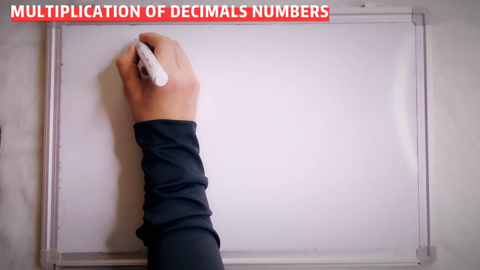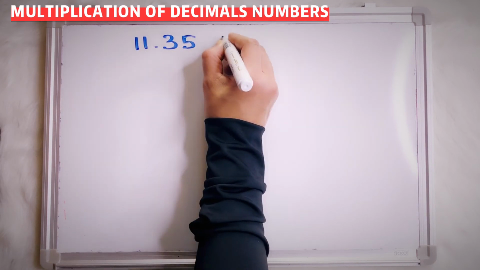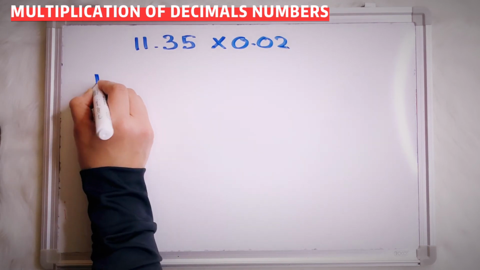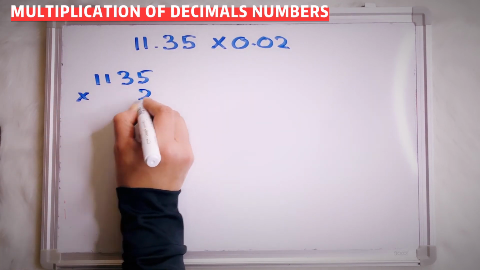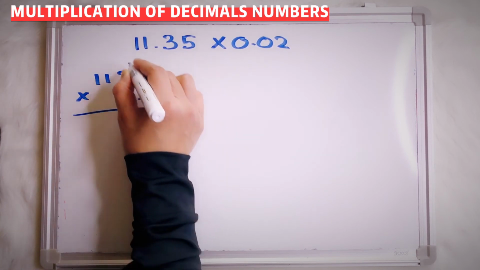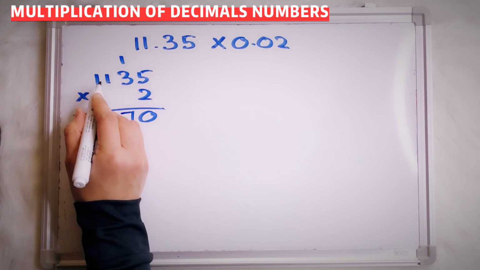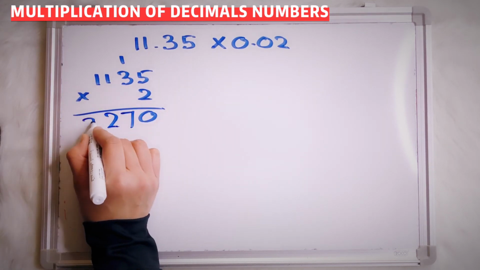Now, let's say I give you 11.35 multiply with 0.02. So 1135 you multiply with number 2. 5 times 2, 10. 3 times 2, 6 plus 1, 7. 1 times 2, 2. 1 times 2, 2.